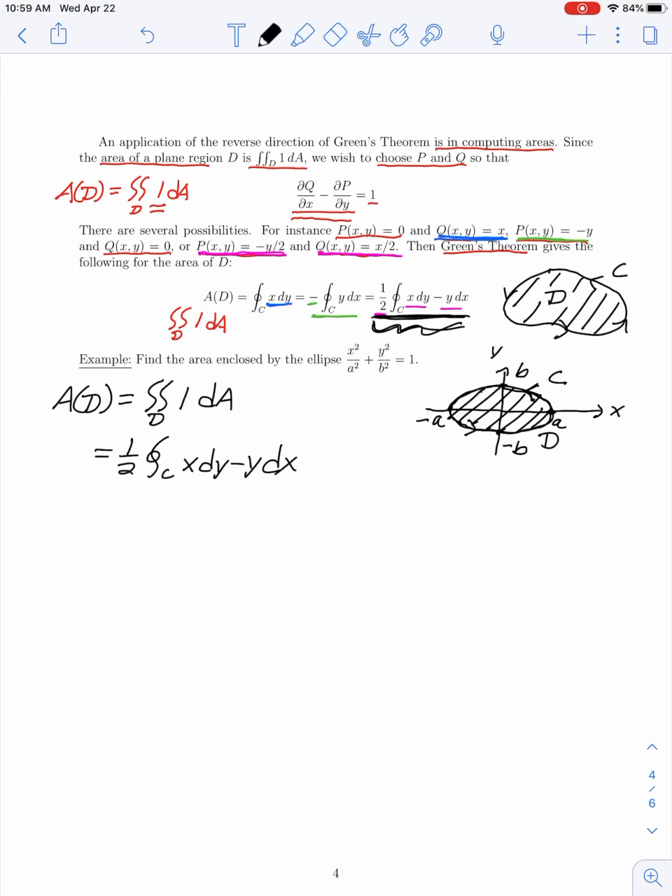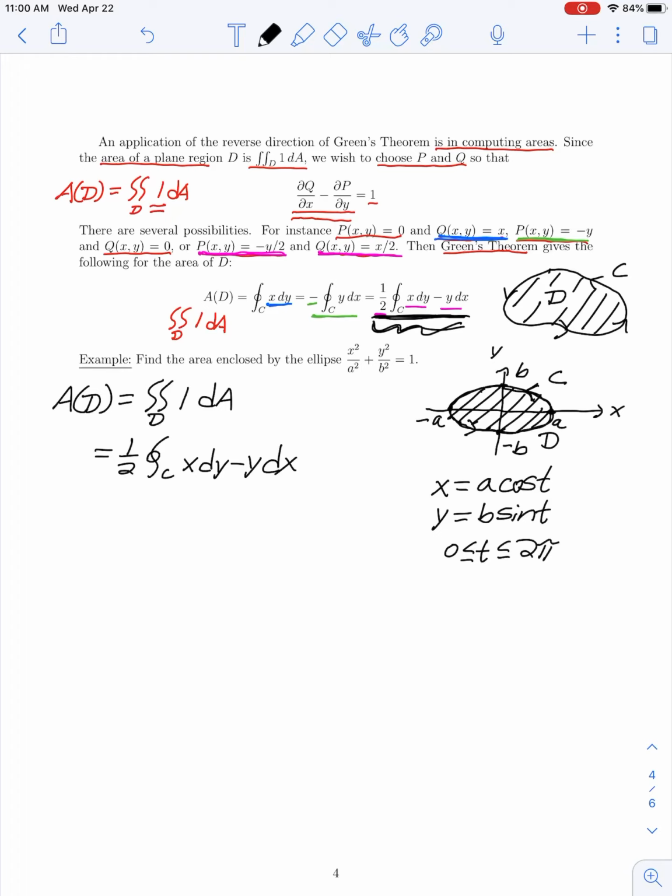Now, to evaluate the line integral over a curve, we need to parameterize that curve. So for an ellipse, recall that we could set x equal to the x-intercept a times cosine of t, and y equal to the y-intercept, which was b times sine of t, where t ranges from 0 to 2 pi, so that we're tracing out the full ellipse.